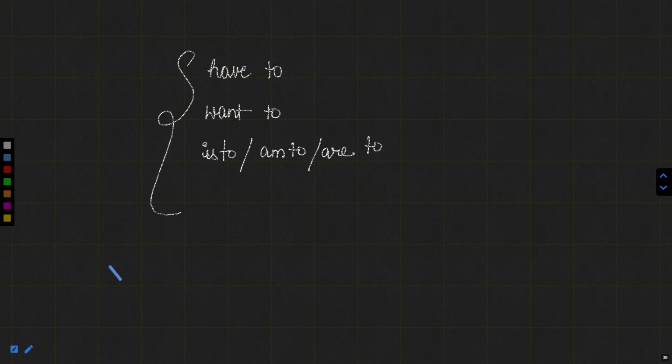There is a boy A. Now, he likes to play cricket and he wants to play cricket just because it is his desire. So it is his desire or will. But he does not have time, so he has to go home.